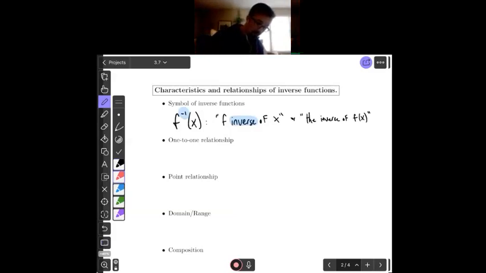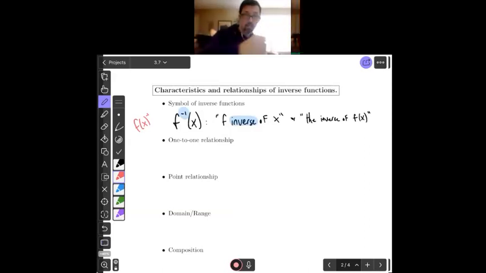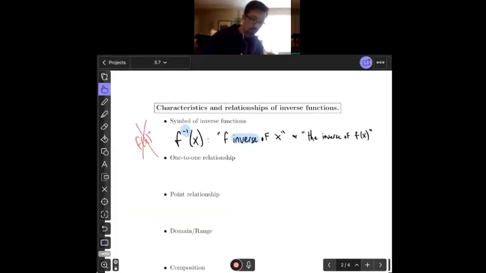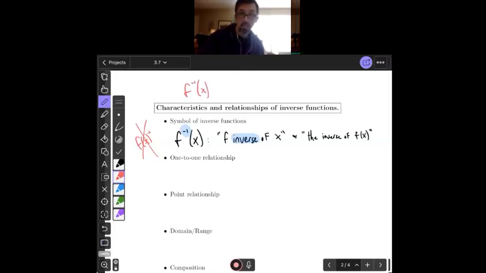We don't write it like this. The -1 doesn't go at the end, it goes on the f. We got to be really careful because we've used that notation before and it meant something completely different. When we talked about negative exponents before, like if I said, what's x to the -2, what did that mean?